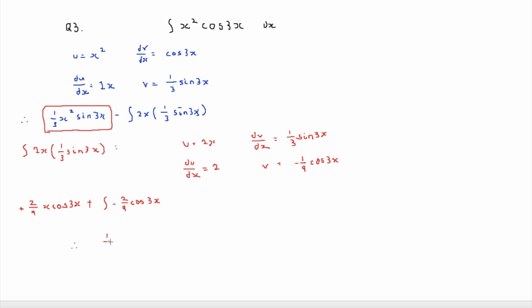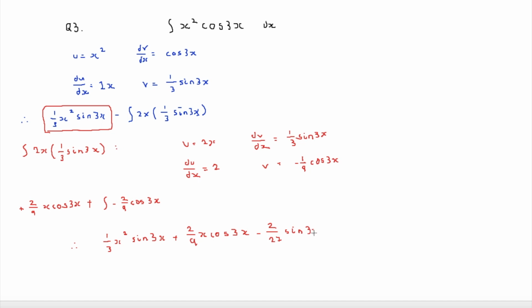So we're going to have a third x squared sine 3x, add 2 ninths x cos 3x, and then finally we have this add this, which, if we integrate this, is going to go to the sine, so we're going to have minus 2 over 27 sine 3x.